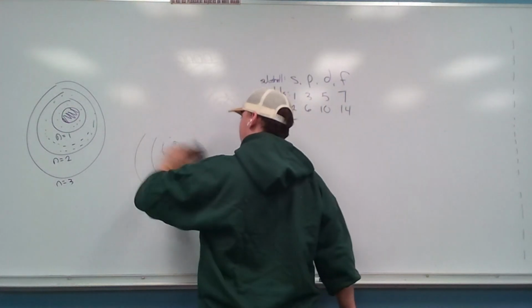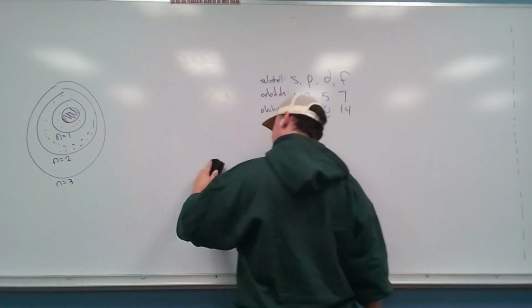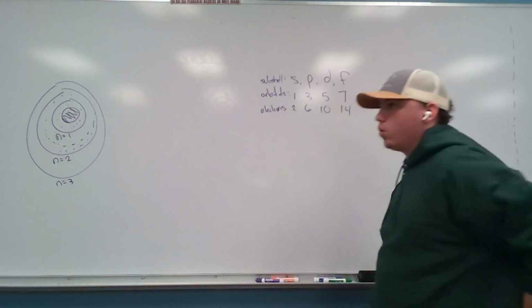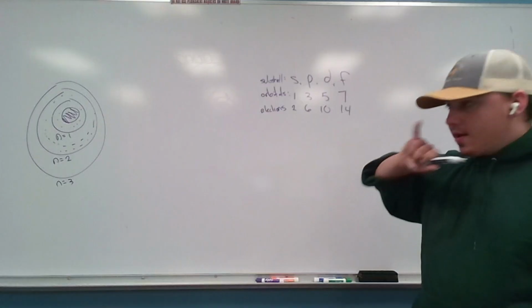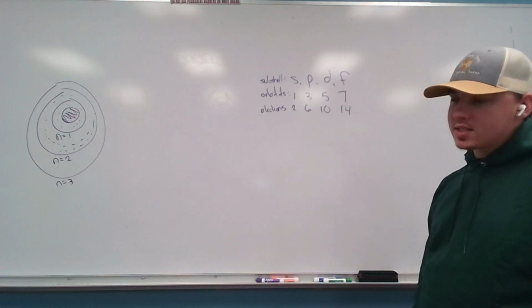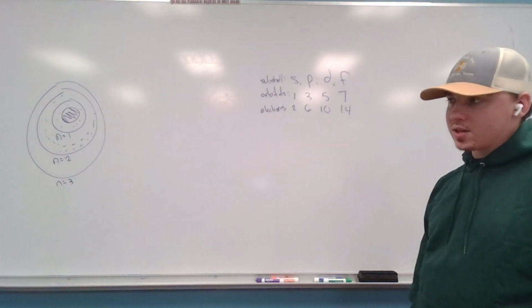So, how do we describe this? Well, actually we need to talk about some terminology. Ground state. A ground state atom is an atom that is in its non-ionized form, which means it's not excited.